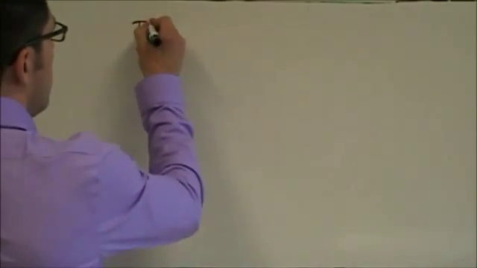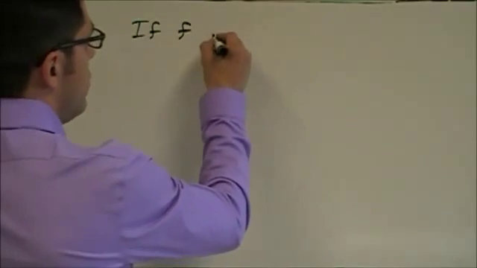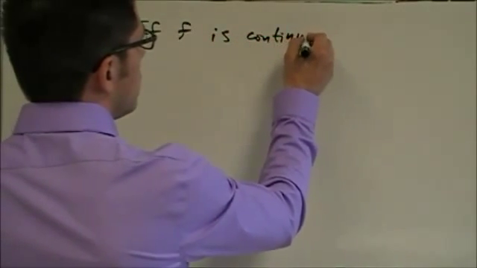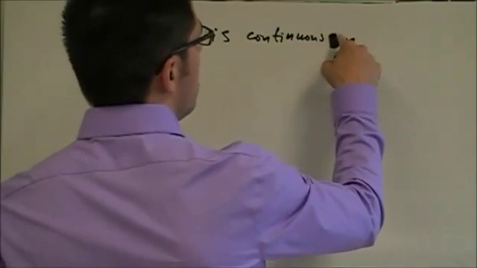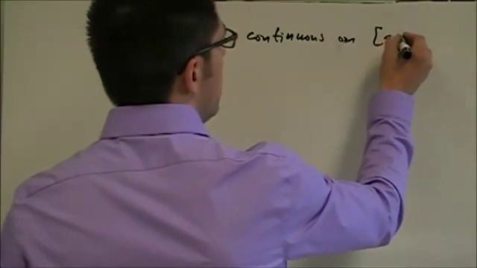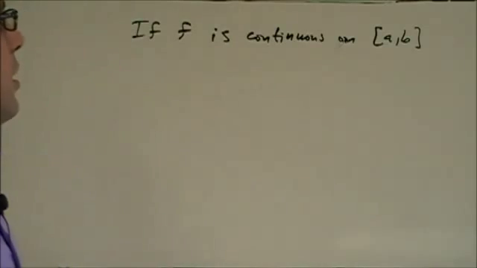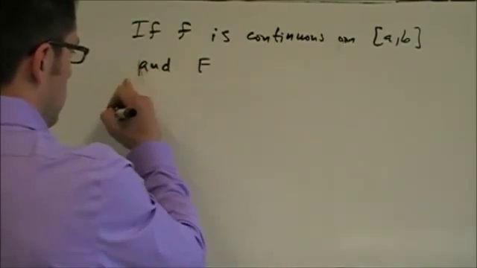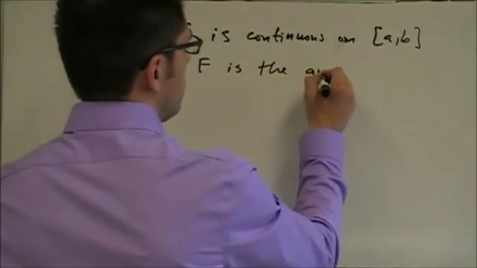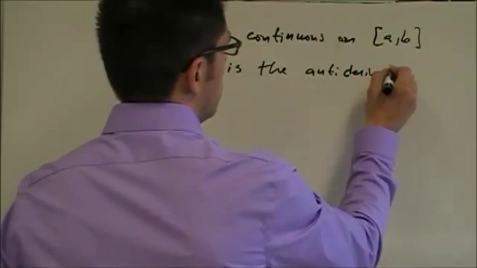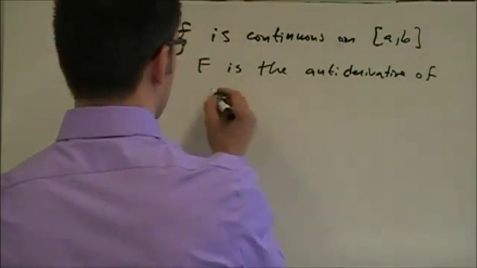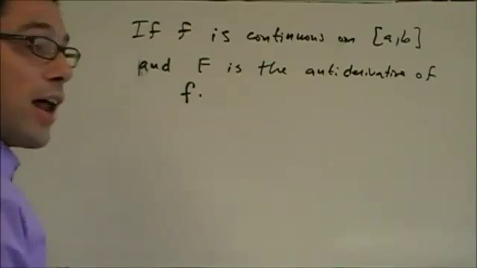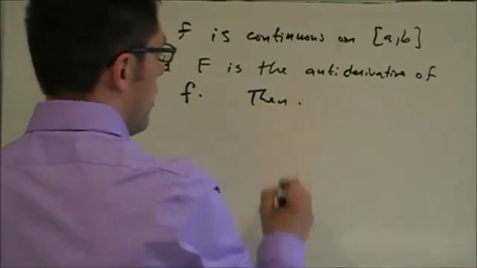So we call this thing the FTC for short, and really it says the following. It says that if my function f is continuous on some x interval a, b, from a to b, and capital F is the antiderivative of f, then I have the following expression.